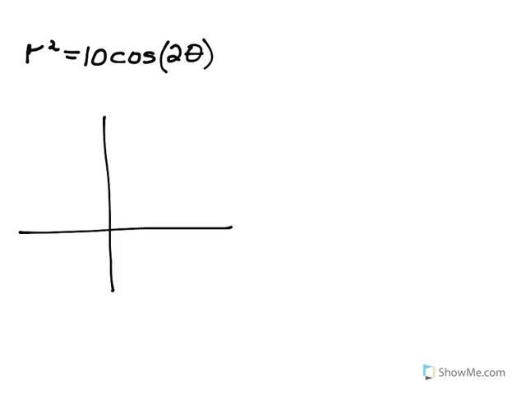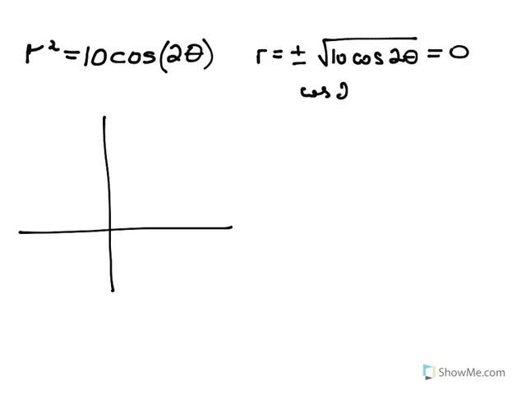So first of all, solve for r, and you get plus or minus the square root of 10 cosine 2 theta. Now if you set that equal to 0, you get cosine 2 theta equals 0. Cosine of what equals 0?